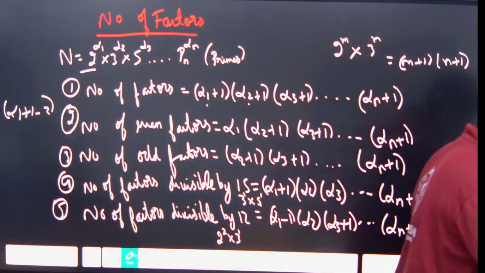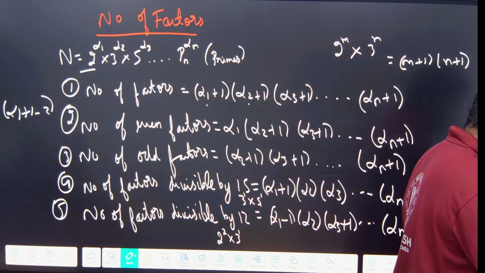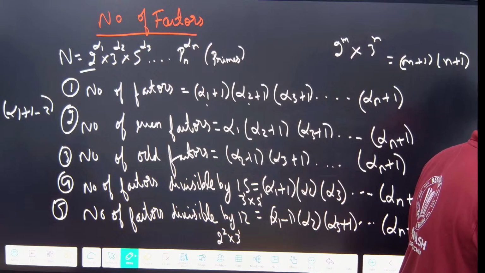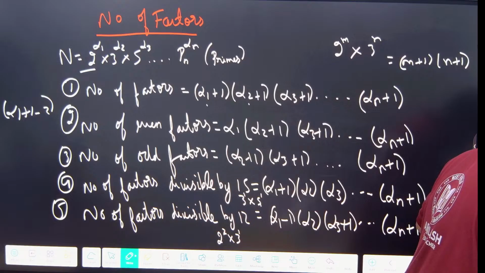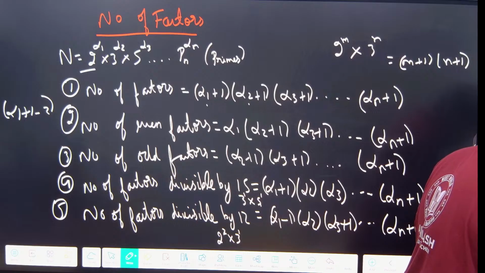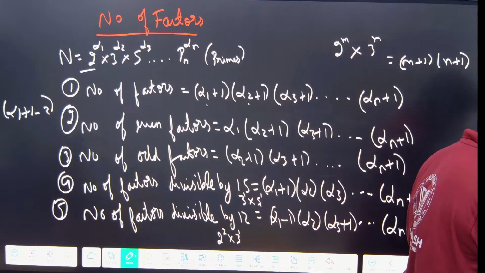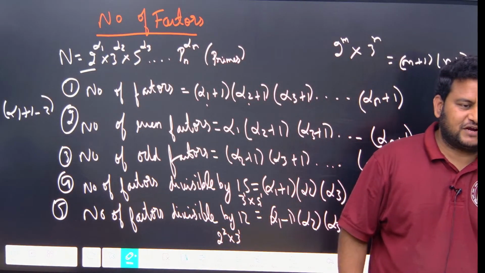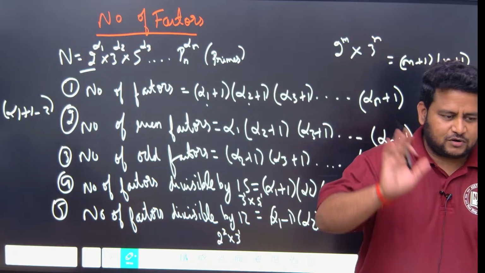We will take the example. Understood this one, all of you? Whenever it is an even factor, you take the power of 2 and write it.